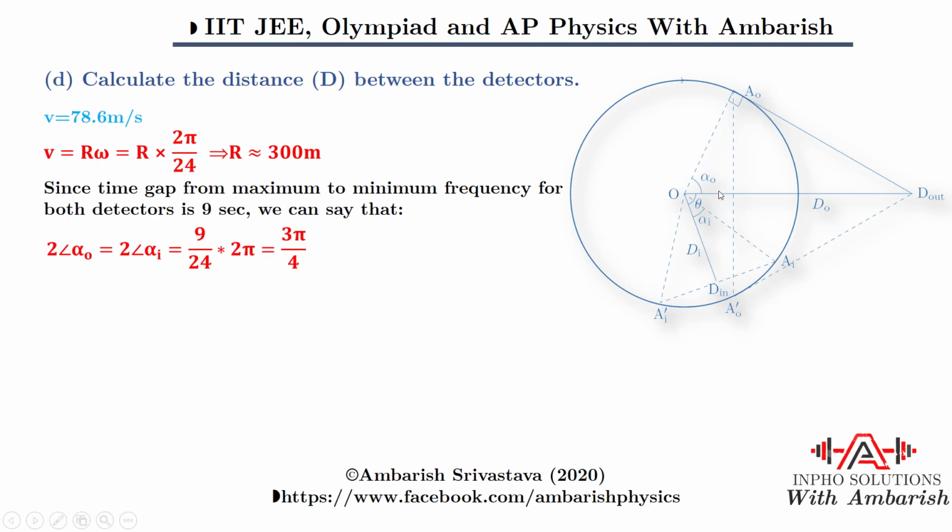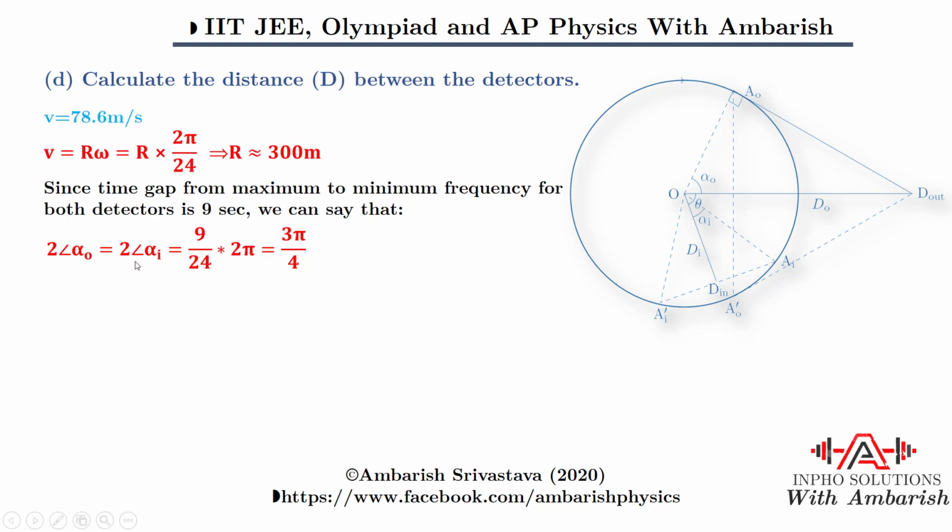So these two angles, A naught O A naught prime and AI O AI prime, should be equal. That is what I have written here: twice alpha naught equals twice alpha I.